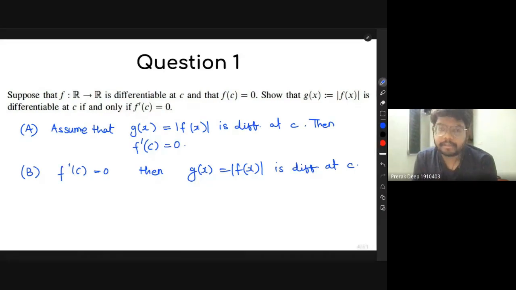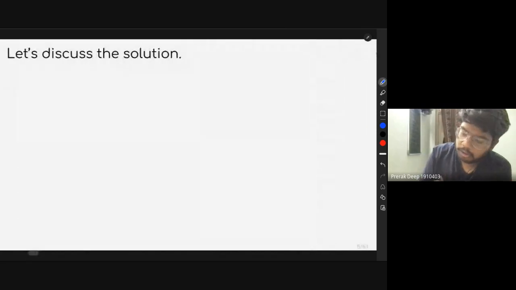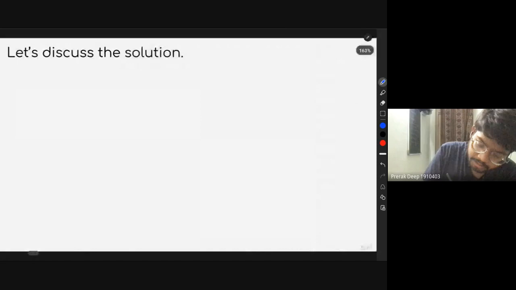I've just rewritten this if and only if statement as two statements independently, and I will prove each of them, and it is equivalent to proving what is asked in the question. So I will assume that g of x is differentiable at c, and then I will prove that f prime of c is equal to 0. I start with proving A.